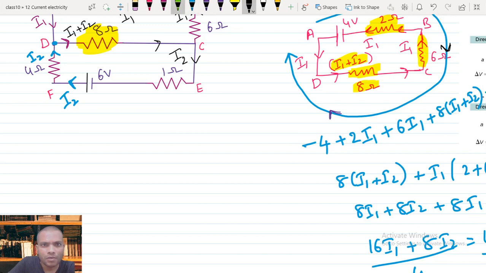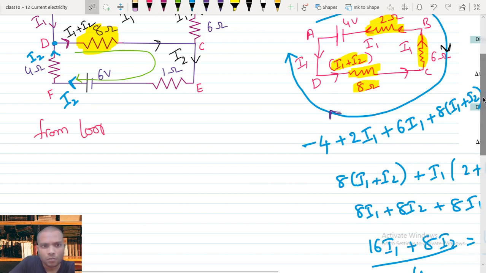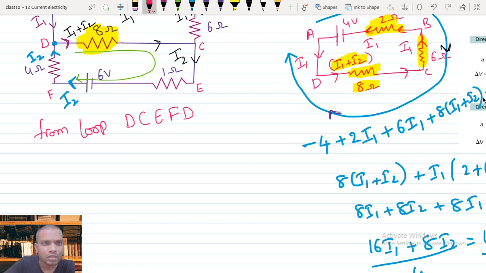In this loop, I am traveling in this direction, the clockwise direction. Now we need to write the expression for loop D, C, E, F, D. First I would like to start at the 8 ohm resistance.